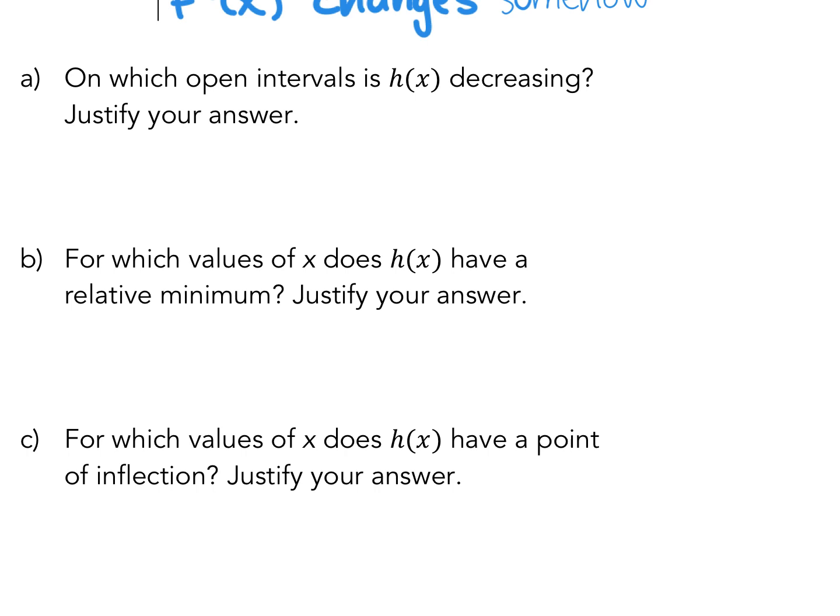Okay, on which open intervals is h decreasing? I would answer it, h will decrease when, and then what's my reason? H prime of x is less than 0. So that's my reason first. Well, where am I going to find h prime of x?